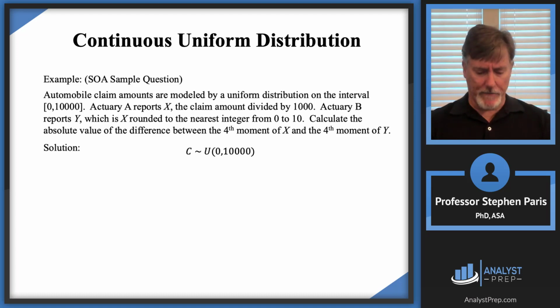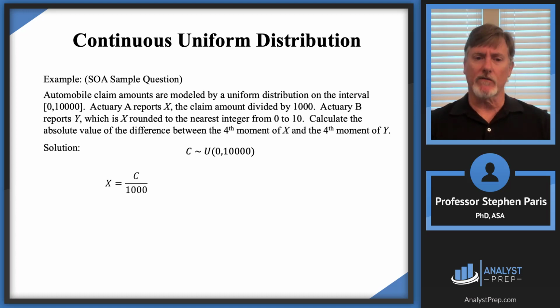And then Actuary A is reporting capital X, which is just the claim amount, so that will be capital C divided by 1,000 here. Now, for the values of capital X, if you take any number between 0 and 10,000 and divide it by 1,000, you're going to get a number between 0 and 10.